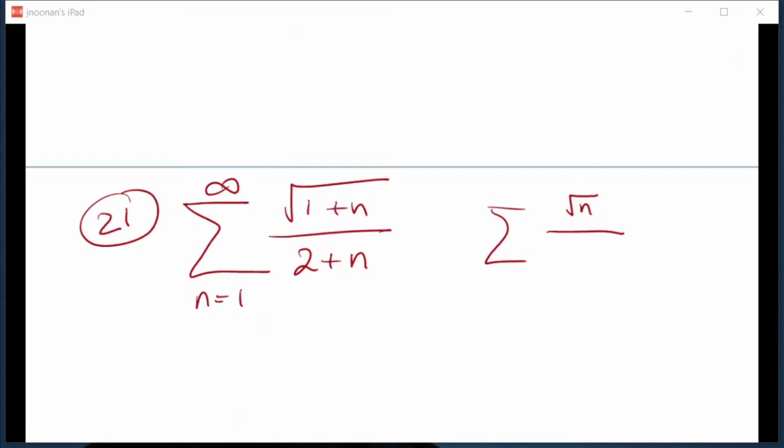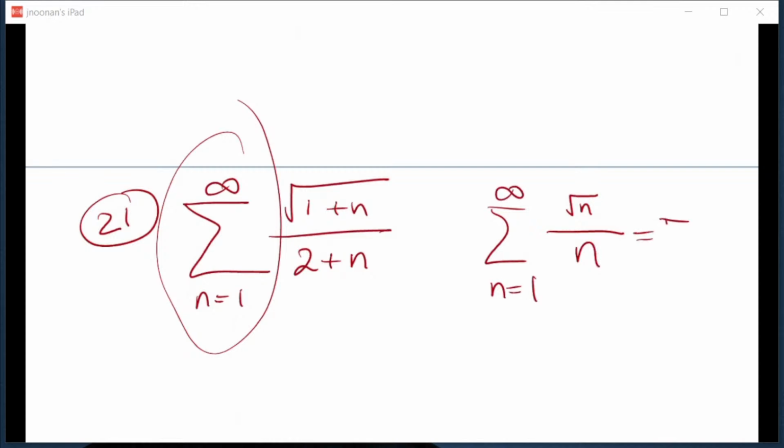And in the denominator, the square root of n is bigger than 2, since this is a sum from 1 to infinity and pretty much all the time, whatever n is, like 10 or 12 or 15, it will be bigger than 2. So put that on the bottom. That's what I'm going to use for my comparison, and that's this, just to make it a little bit easier.